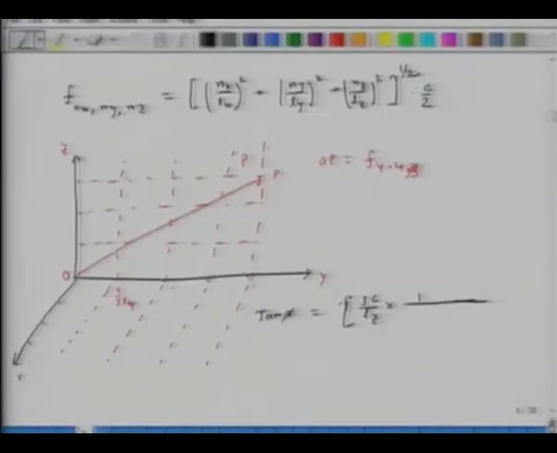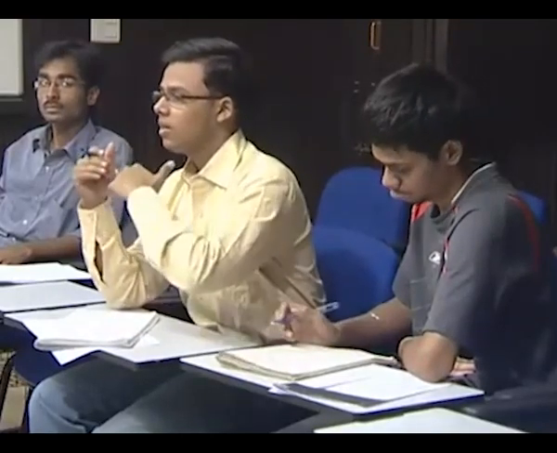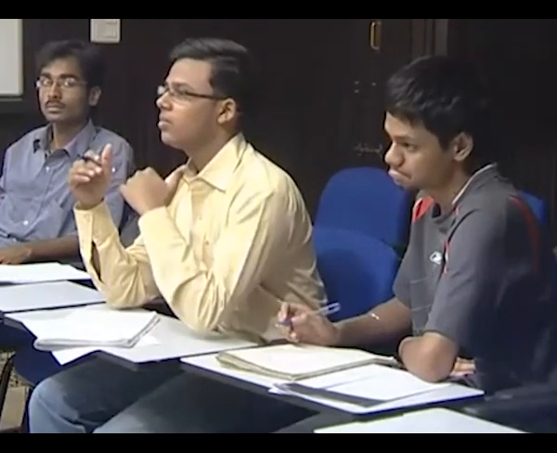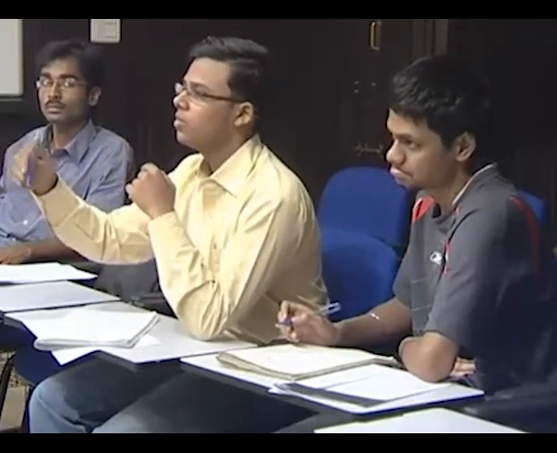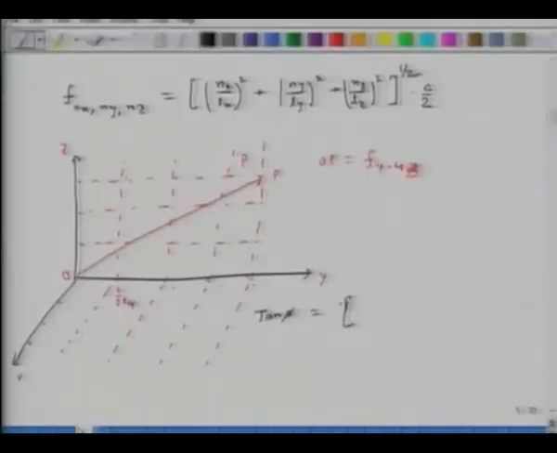So the first term should be the projection in the xy plane. In the diagram you have defined tan phi; phi is the angle with the z axis. So then the y term should be taken, and the z term should come in the denominator.